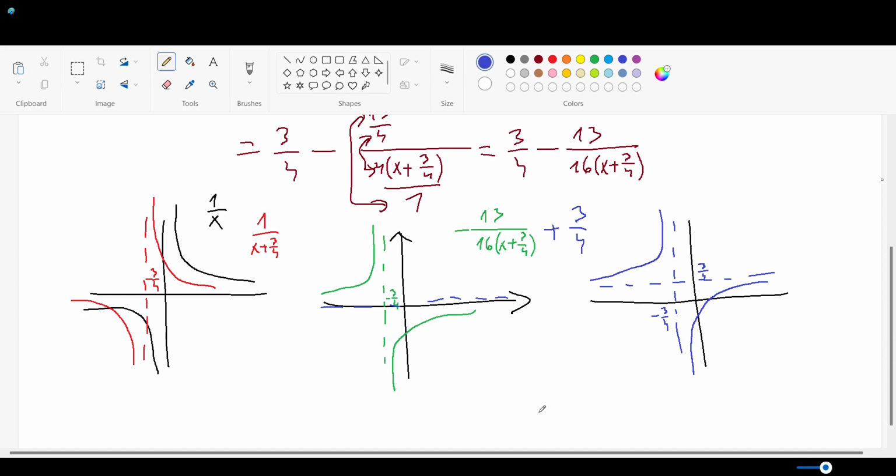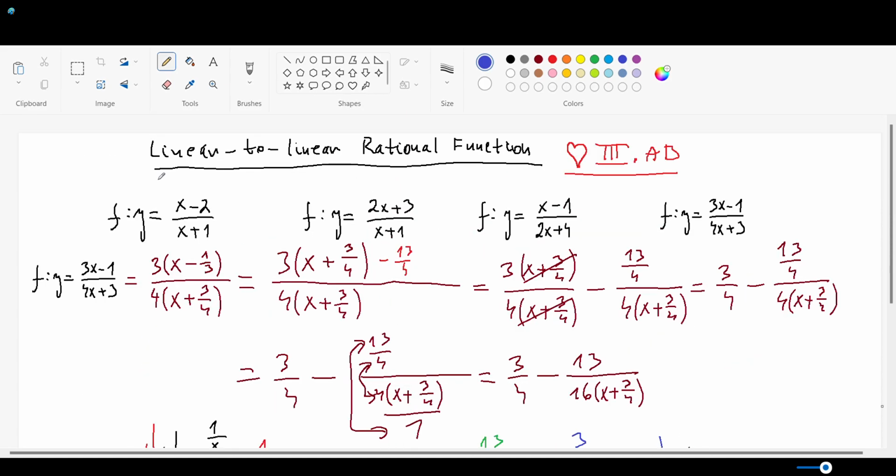Let me do the check again with Desmos, so that I'm sure I did it properly. I will also draw the asymptotes. So my original function is (3x minus 1) over (4x plus 3).